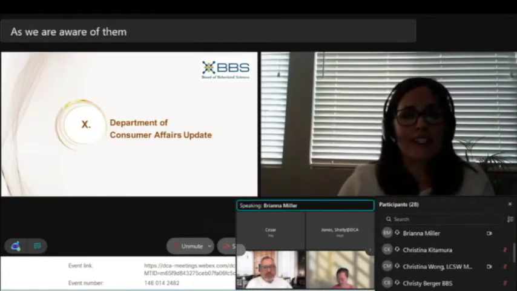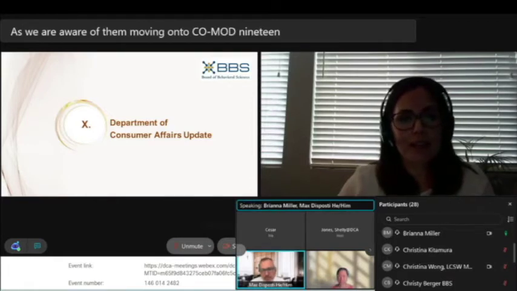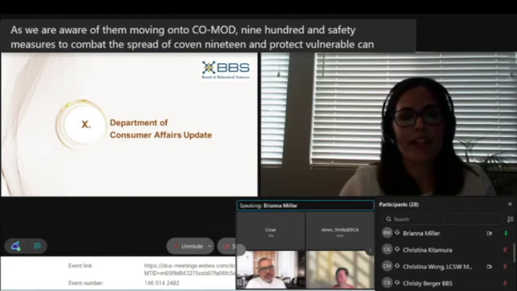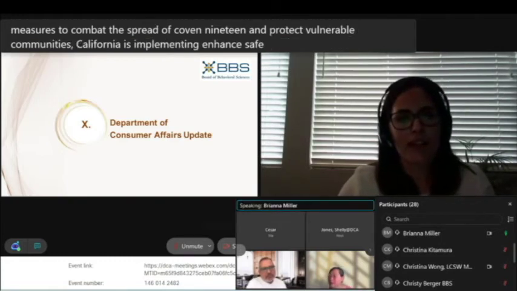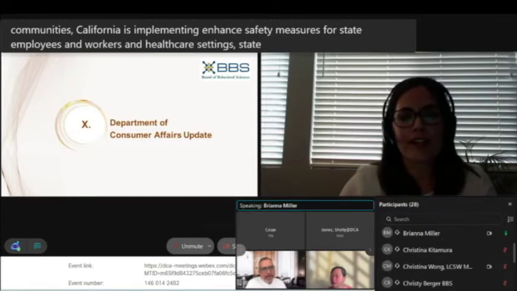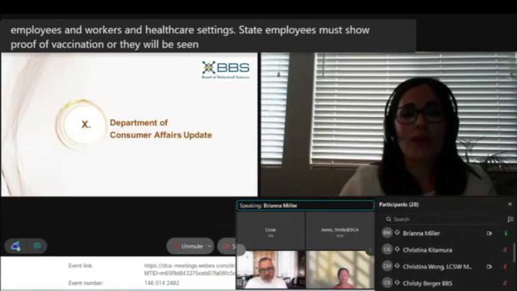Moving on to COVID-19 safety measures. To combat the spread of COVID-19 and protect vulnerable communities, California is implementing enhanced safety measures for state employees and workers in healthcare settings. State employees must show proof of vaccination or they will be subject to regular COVID-19 testing and will be required to wear appropriate PPE.